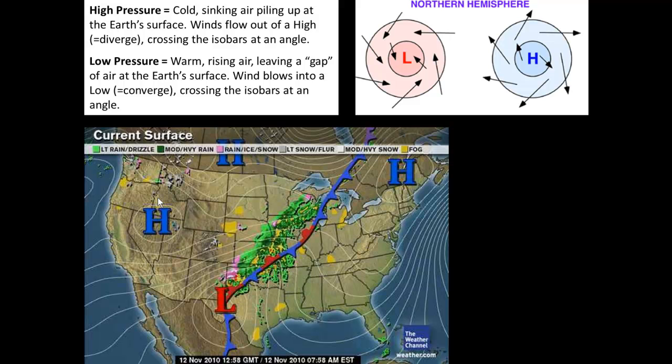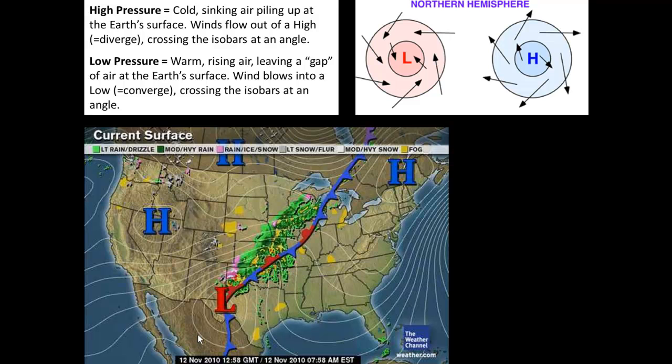Here's a real weather map. Again, areas of high pressure giving you piles of air, if you will. Areas of low pressure giving you gaps of air, if you will. And now you got a pressure gradient. Awesome. That sets the air in motion. As the air is blowing, the air gets deflected to the right in the northern hemisphere. We have friction, so therefore winds have to cross the isobars at an angle.